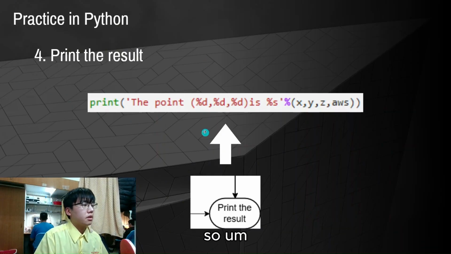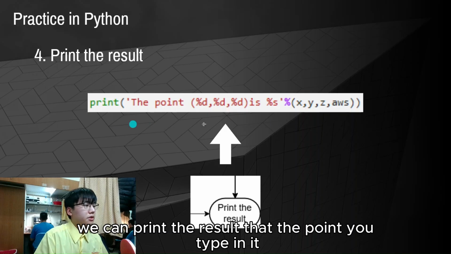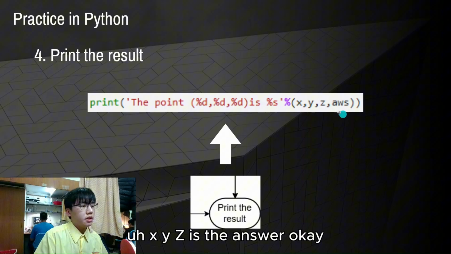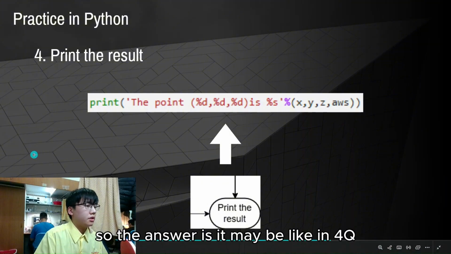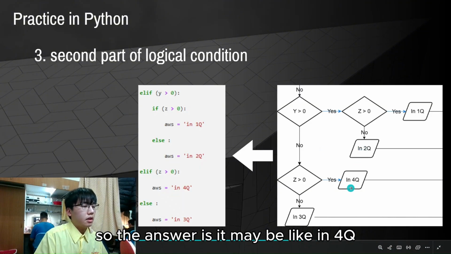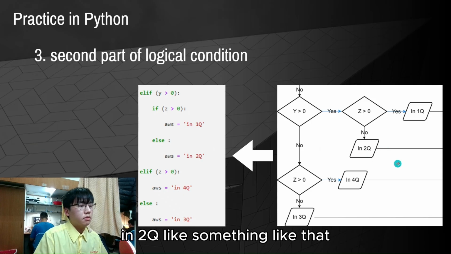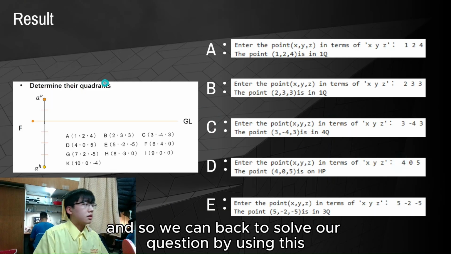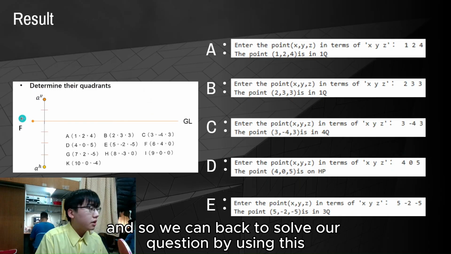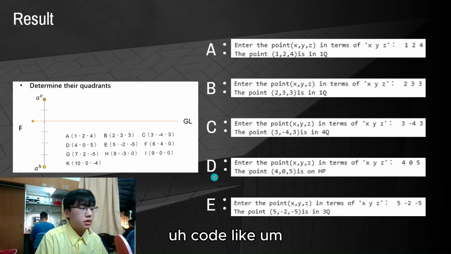Okay, so we can print the result that the point you type in, xyz, is the answer. The answer may be like in 4Q, in 2Q, something like that. And so we can go back to solve our question by using this code.